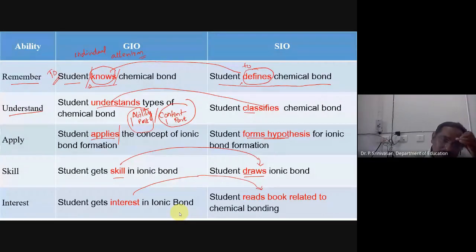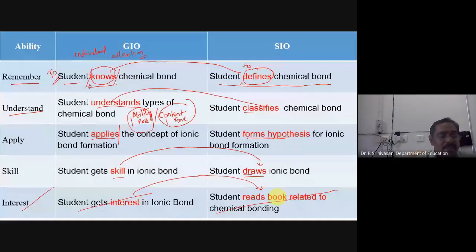And don't go for the last one. The first 4 are enough. Generally, I myself have given the 5th one to make a complete Benjamin Bloom's, but normally they won't be writing it, because this may not happen in class itself.